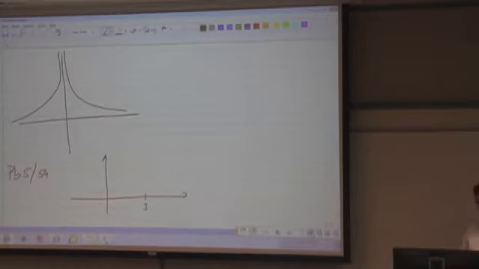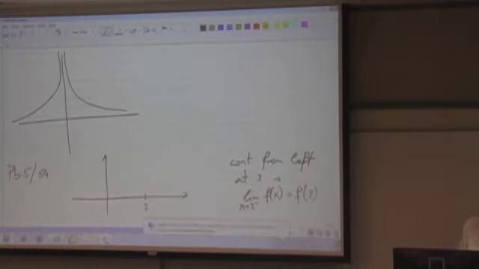It's continuous from the left at 3, which means, remember what continuity from the left means. Continuous from the left at 3 means the limit as x goes to 3 minus of f of x is equal to f of 3.